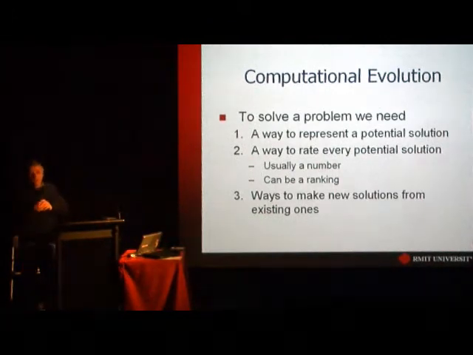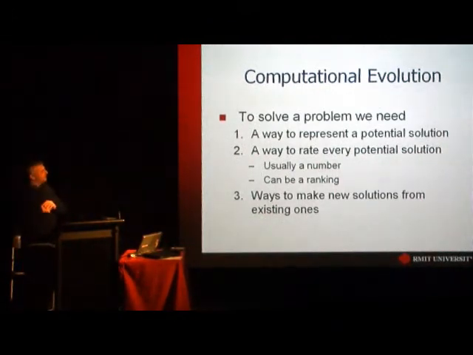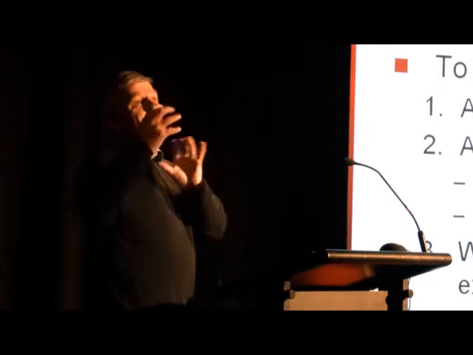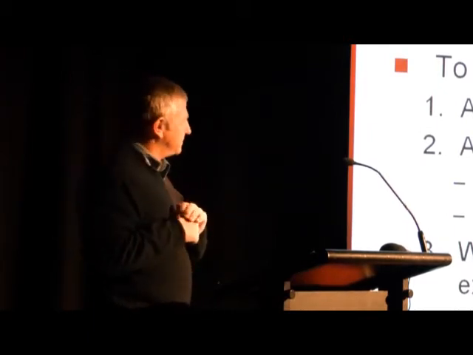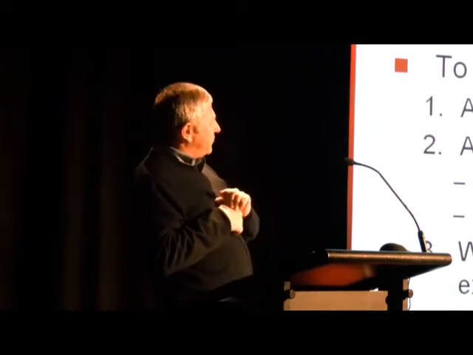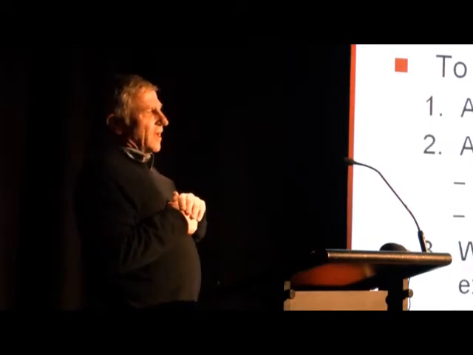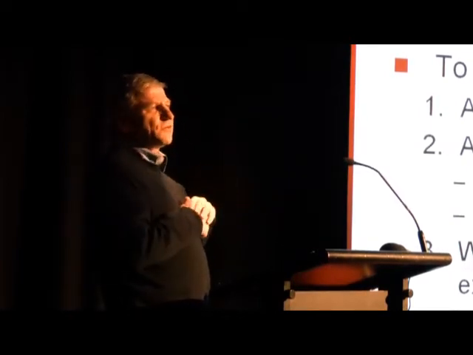So if our problem is to make a nice image, we have to be able to have a representation of images, and somehow one of them is going to be the solution. We need a way to rate every solution. So this is where the idea of fitness comes in. We need to be able to say for any potential solution, how good is it? And usually it's going to be some kind of a number, but as long as you can say that one solution is better than some other solution without actually giving it a number, still okay.